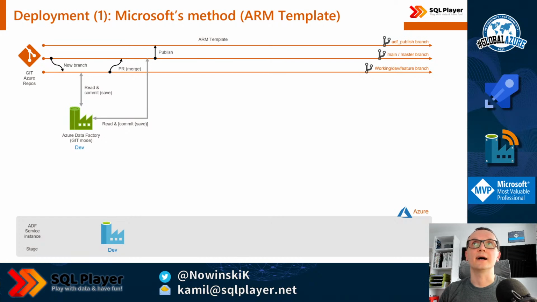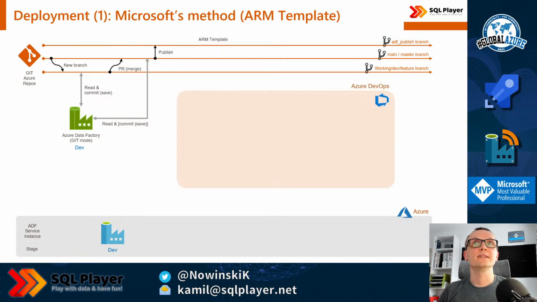Then in the ADF publish branch, it will create and update ARM template files. So in this branch, you will never see the JSON files that are represented in other branches. This one is specific, and this branch contains ARM template files.